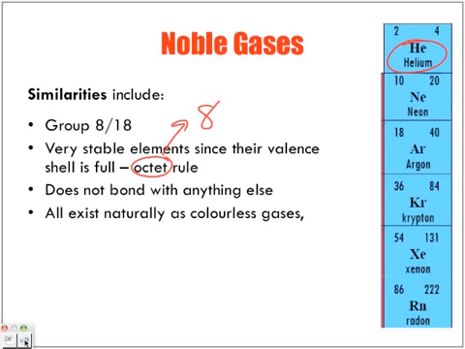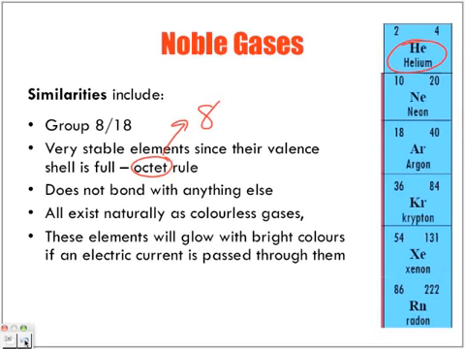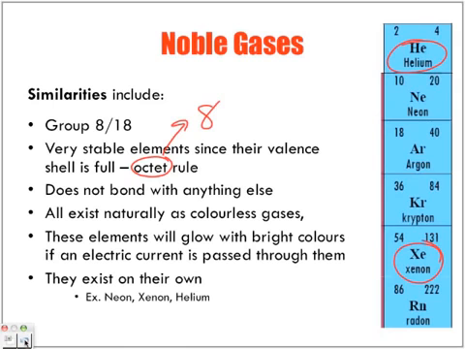All exist naturally as colorless gases. These elements will glow with bright colors if an electric current is passed through them. We think about neon lights in different bright colors, and xenon lamps we can find in cars. So keep that in mind. They exist on their own. These are just a couple of examples. In terms of the similarities and the idea of the 8 valence electrons, or the full octet, the valence shell is full with 8 electrons.